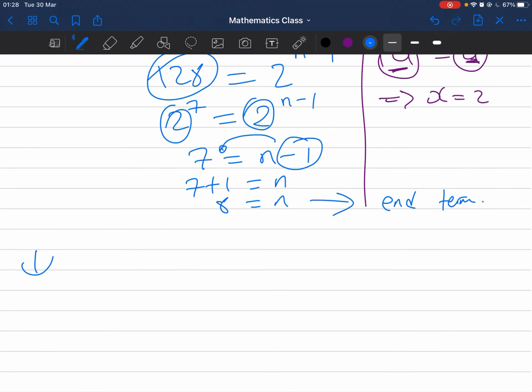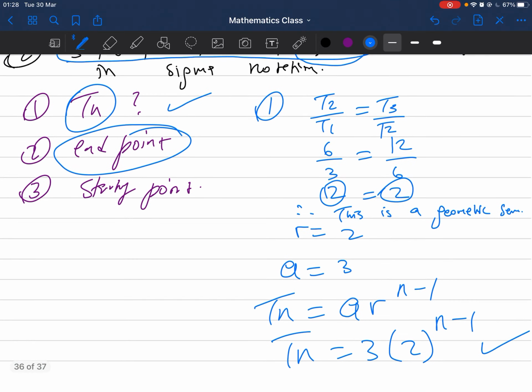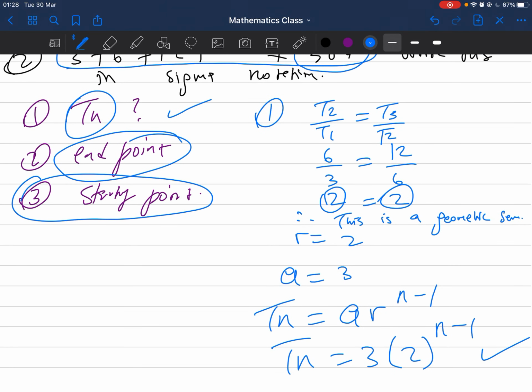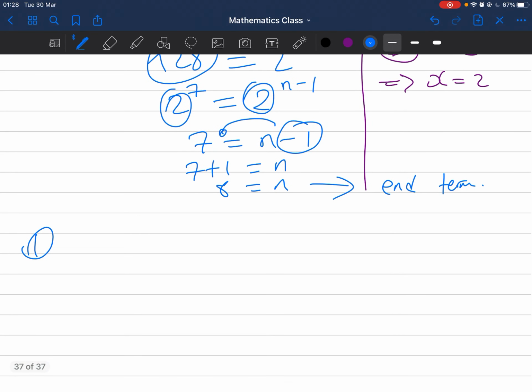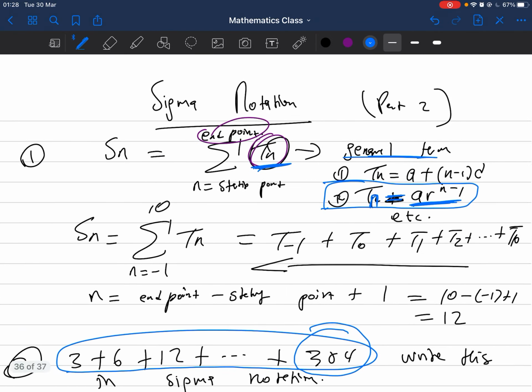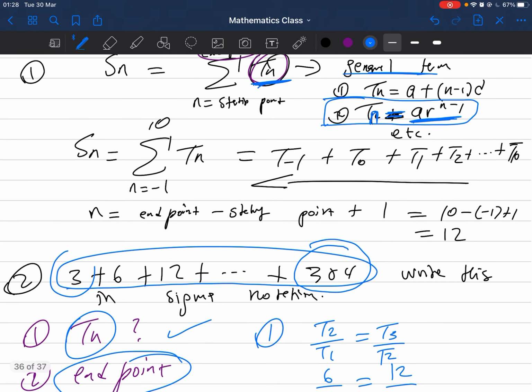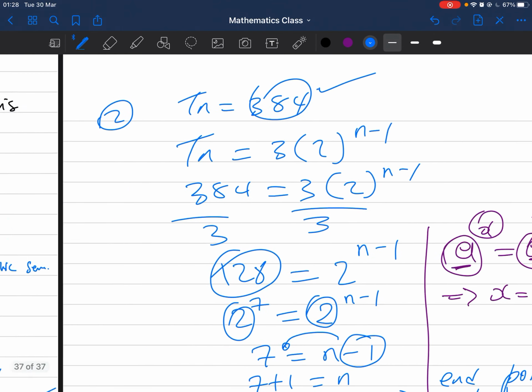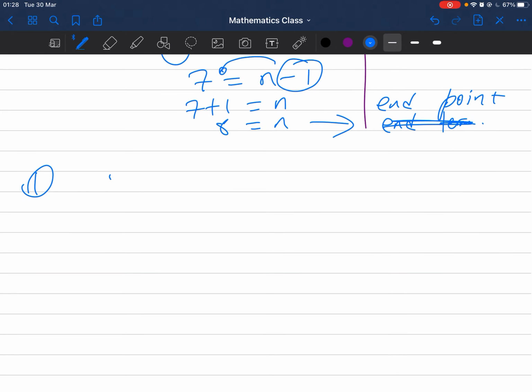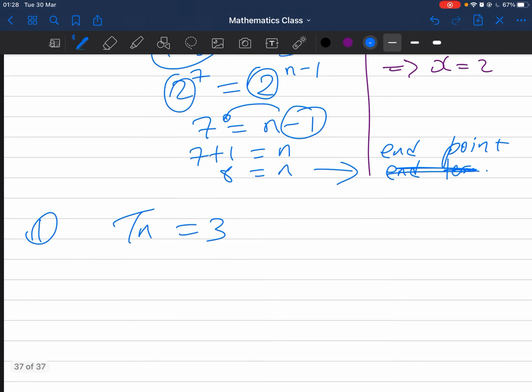Cool. Now, how do we calculate the starting point? This is not the end term, we call it the end point rather. To calculate the starting point, you take the first term. So Tn is equal to 3.